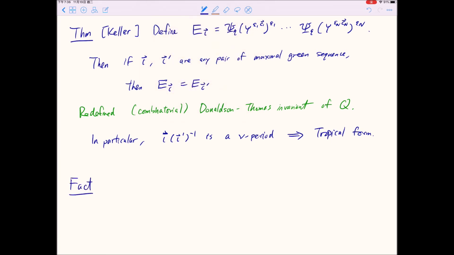So the final fact about this quantum dilogarithm identity is that if your quiver is the Dynkin diagram with alternating arrows, then remember we have two green sequences. One is given by I plus I minus, and the other is given by I minus I plus, but h times, where h is the Coxeter number.